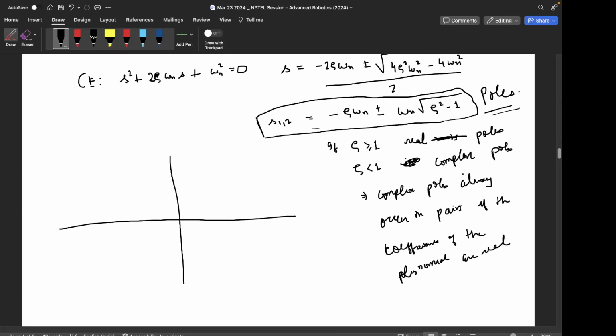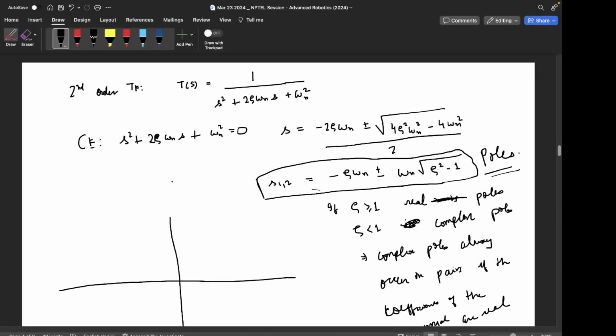right? So the point is that as long as the coefficients in your characteristic equation, that is the coefficient of s square, s, and the constant, are all real numbers, then the roots can be complex, but they will always occur in conjugate pairs.